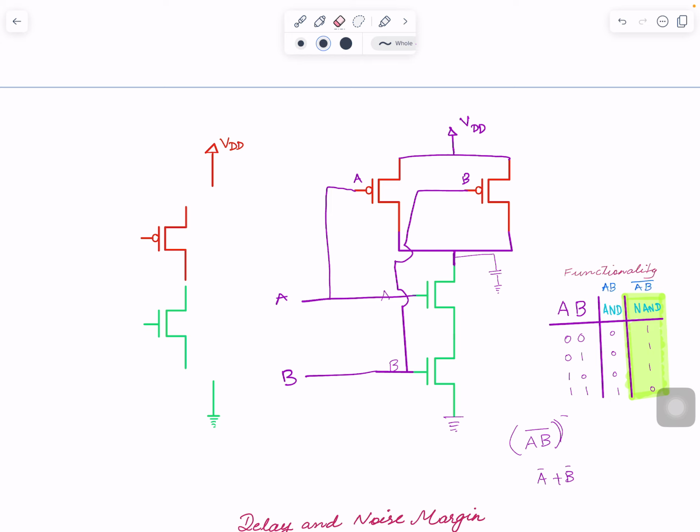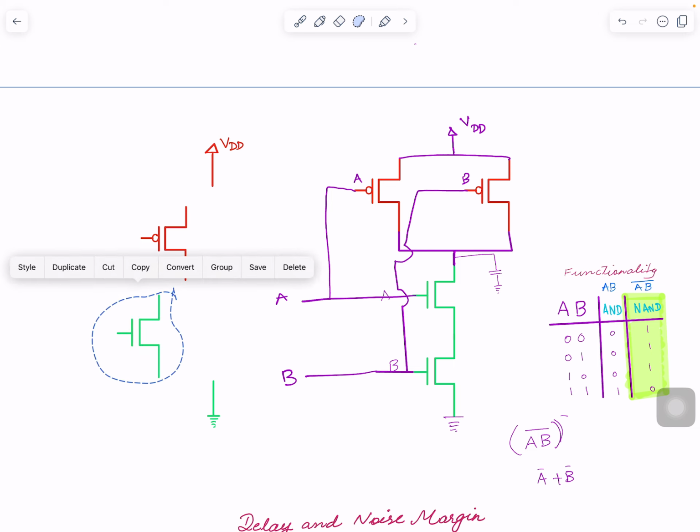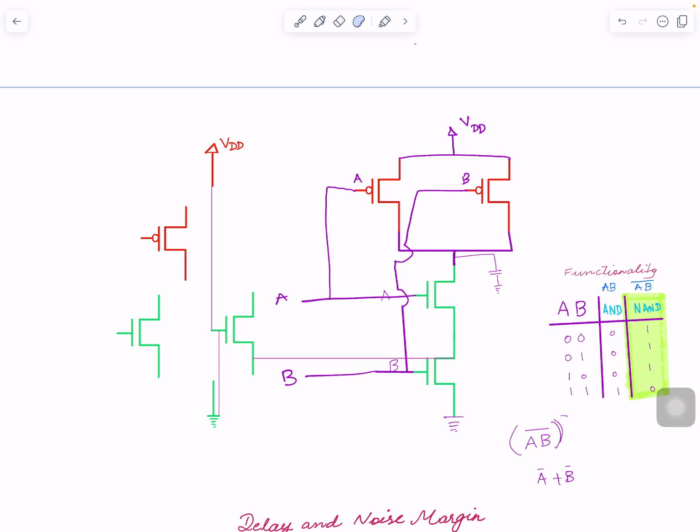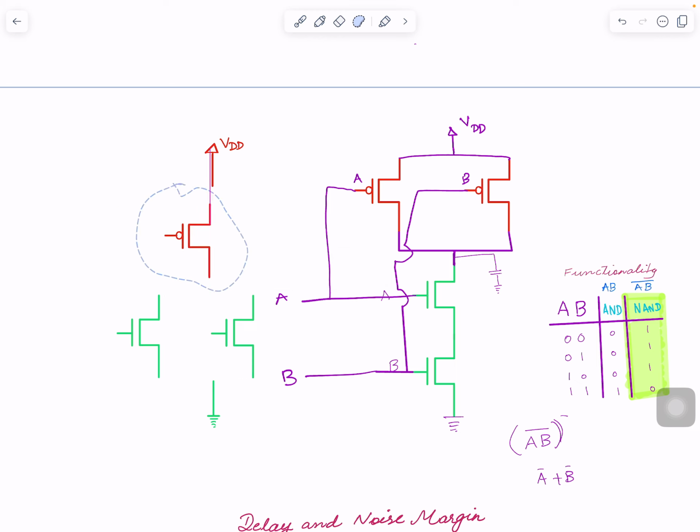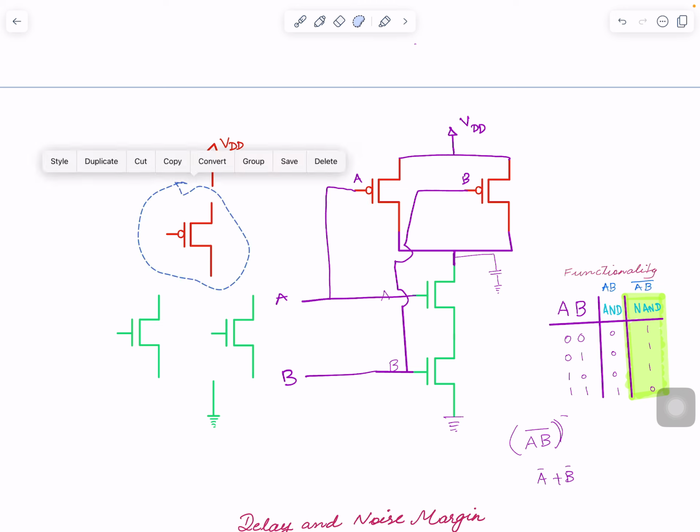You got it? In the same way, I was thinking of doing it later on, but let's do it now. Yeah, okay, leave it like that. So we have NMOS here. What if we connect NMOS in parallel, and we have PMOS the other way around, right?